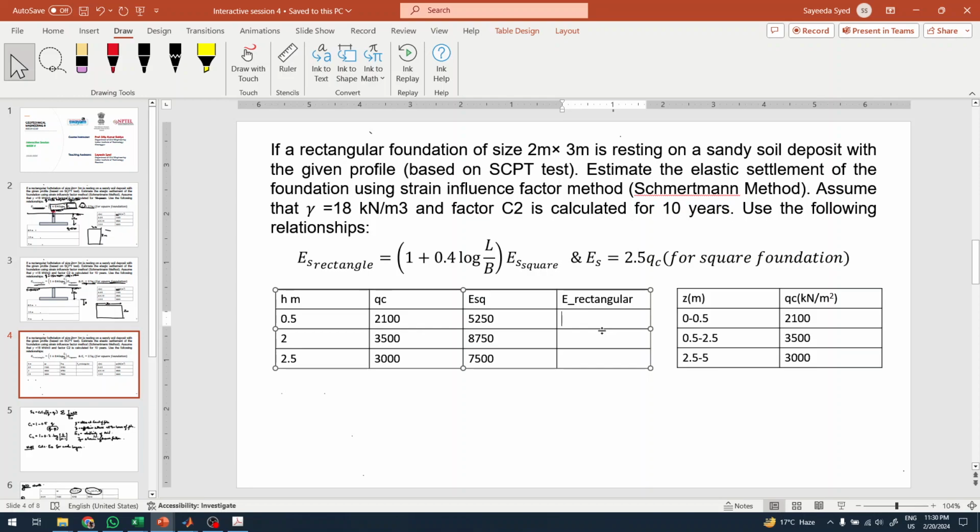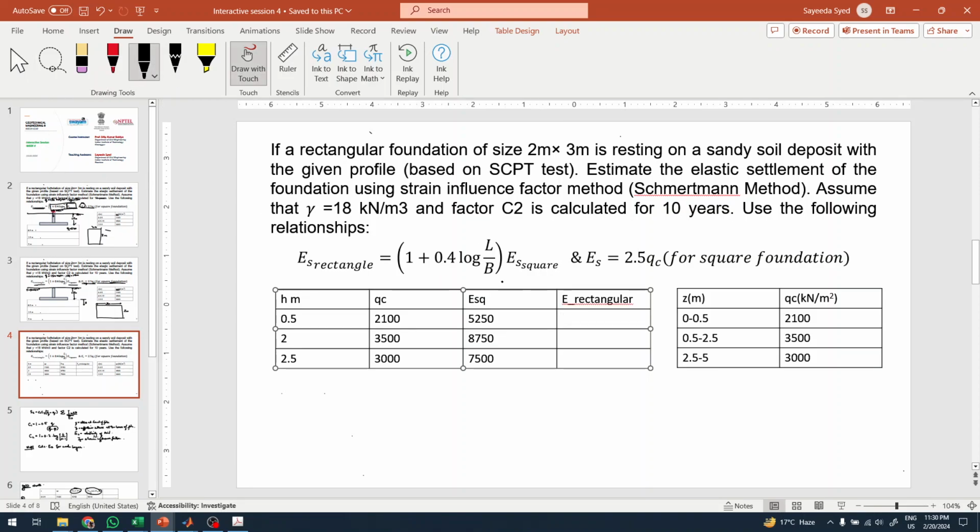Let us calculate this particular part of the term and then multiply to the whole table. 1 plus 0.4 log L by B. So this comes out to be, let us use as many significant digits as we can because we don't want errors to accumulate. 1.0704, let me write 365 even.